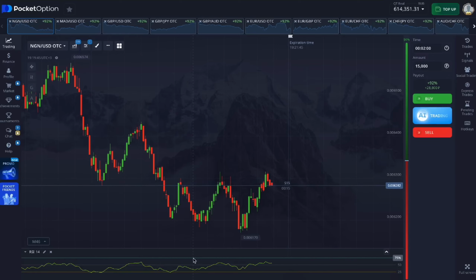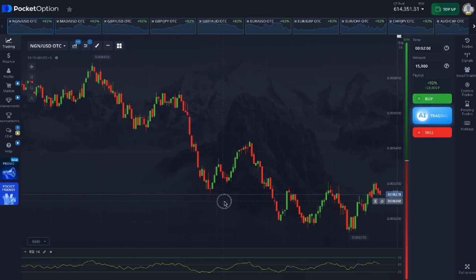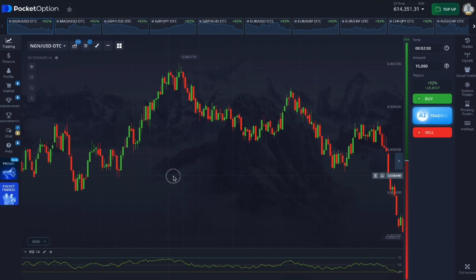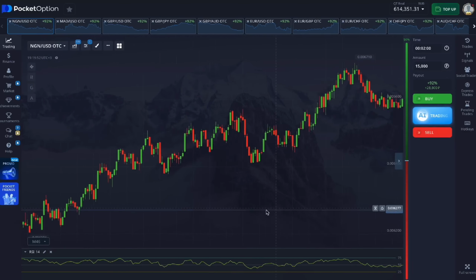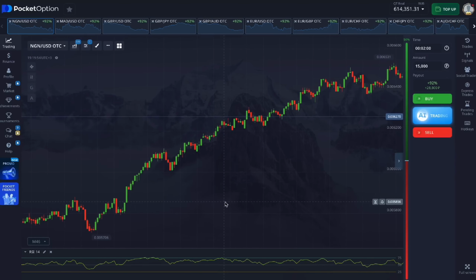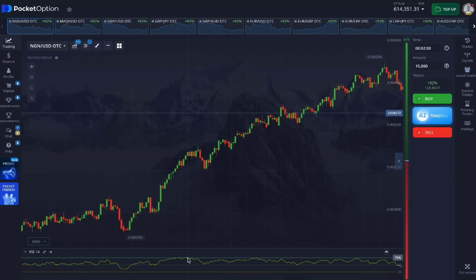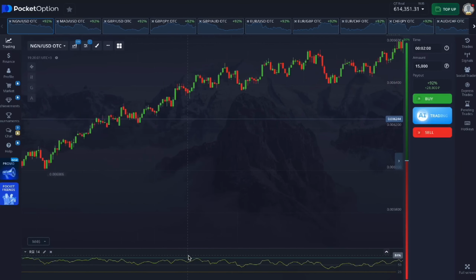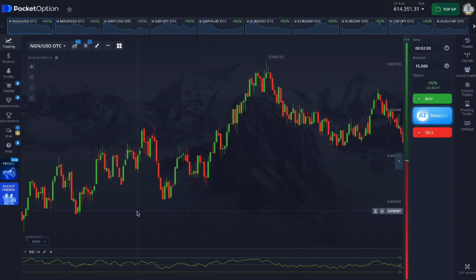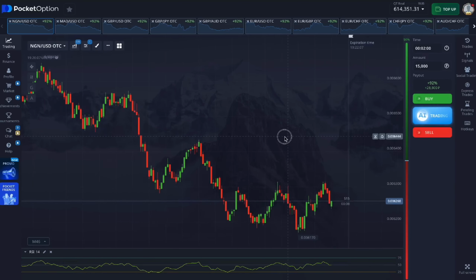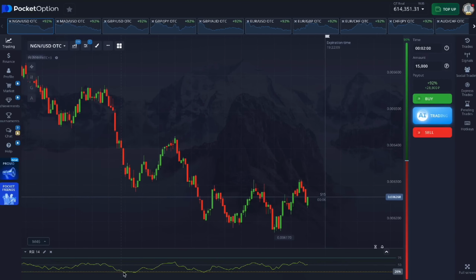If you take a close look at the price history, according to this specific indicator, the price very rarely exceeds these established boundaries. For example, here the price touched it a little. And right here the price slightly exceeded our overbought zone, but it wasn't critical. So that is how this trading strategy works in practice. As soon as the price touches one of the overbought or oversold zones, we open trades.